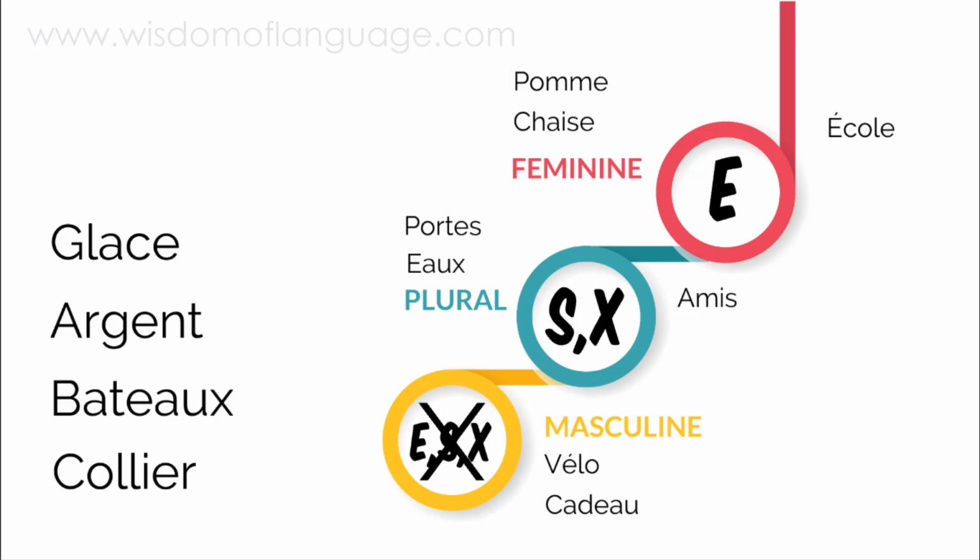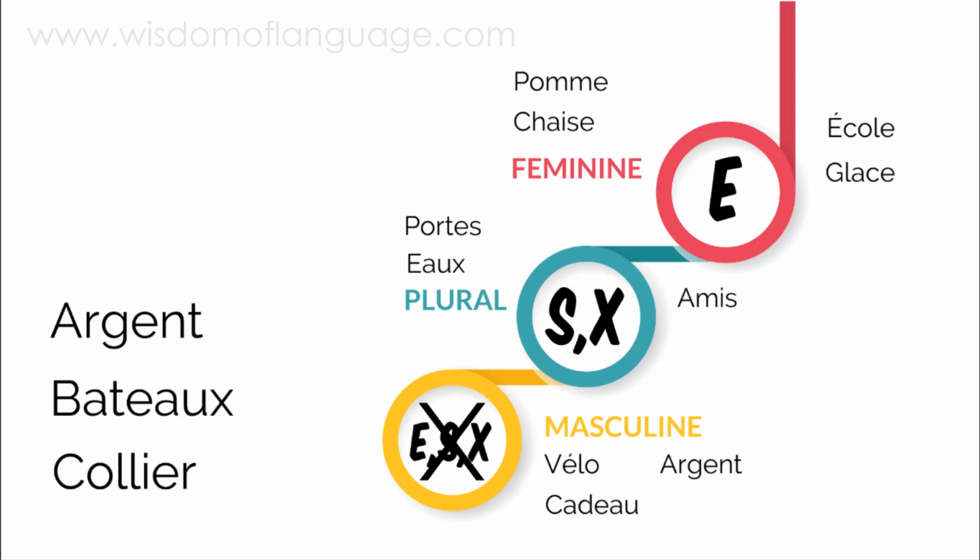It is ending in E, so it is feminine. Glace is ice cream. Here we have the word argent. Argent means money or silver. According to the context, you will decide whether it is money or silver. Argent is ending in T, so it is masculine. Good.